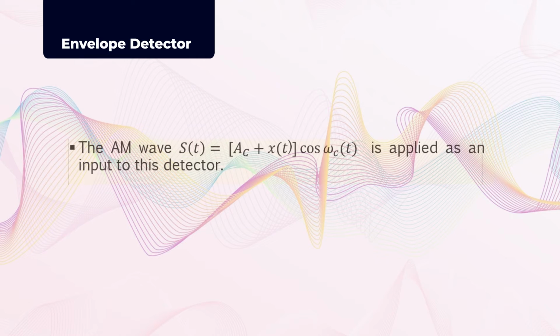The AM wave, which is given by s(t) equal to (Ac plus x(t)) multiplied by cos ωct, is applied as an input to this detector.